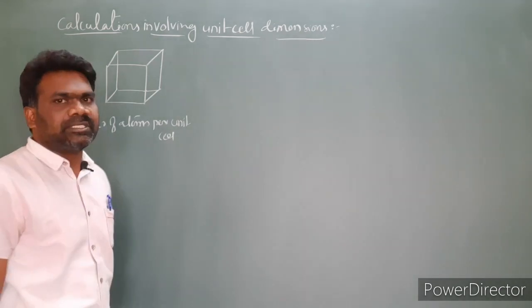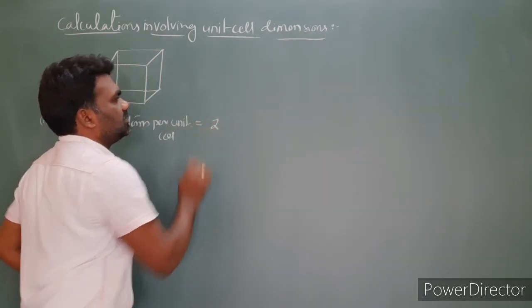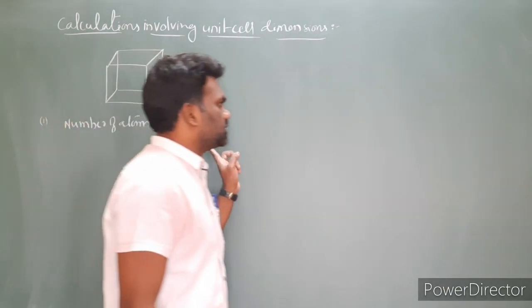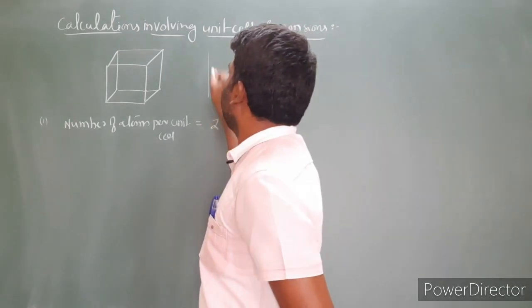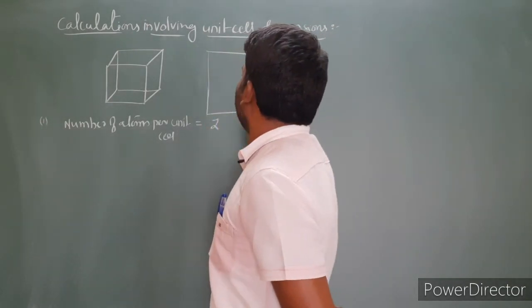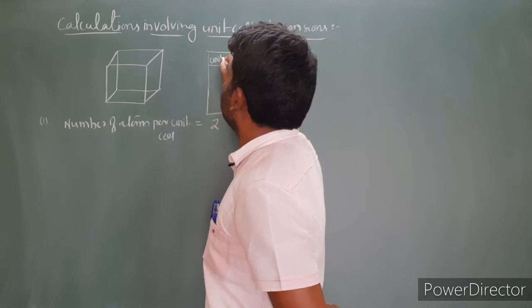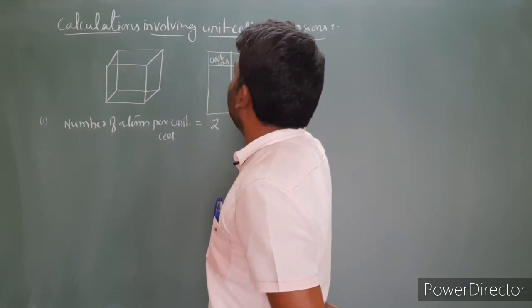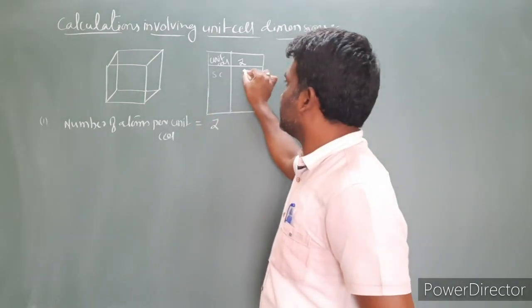The number of atoms present in a unit cell I'm labeling as Z. So for the Z value, I'm drawing a table here. If you take a simple cubic unit cell, the number of atoms is equal to 1.